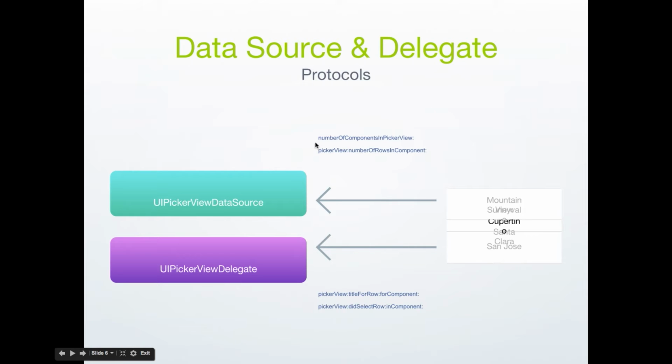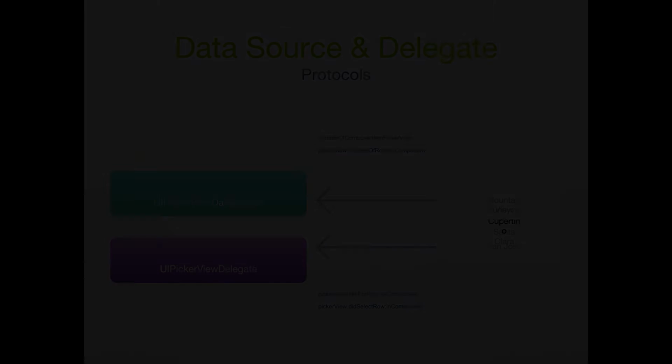So a data source has to implement these two methods or you'll get an error. To be a delegate, you'll have to do title for row for component and did select row. So you can kind of see by these method names, this is going to be how many sections or components, how many rows, and then what's the title for each row, so what's going to be in each row, and then what happens when you select each row. So those are picker views in a nutshell.